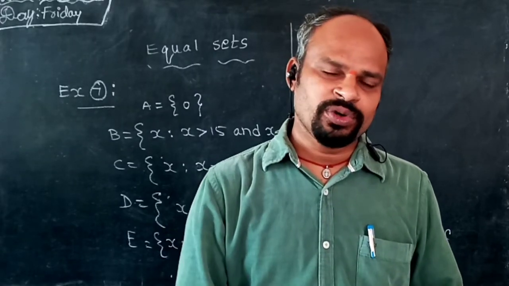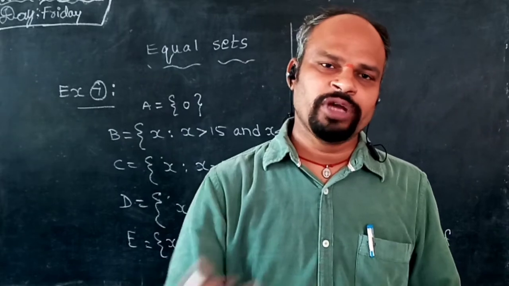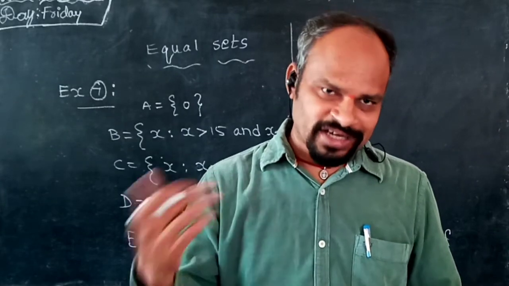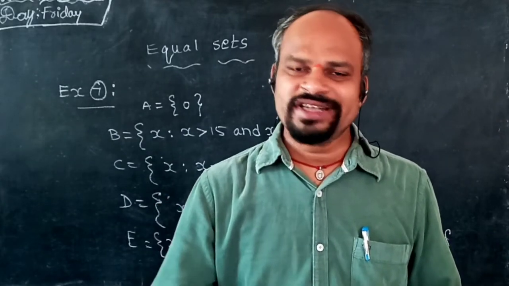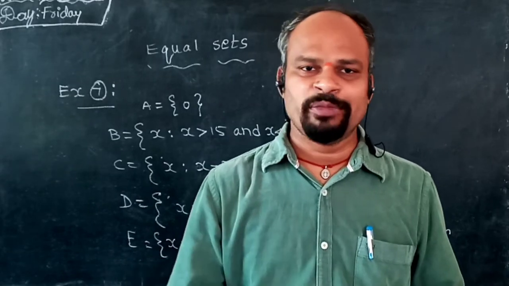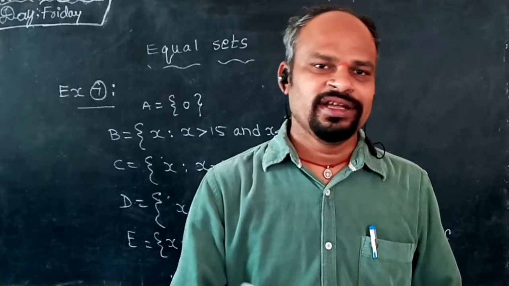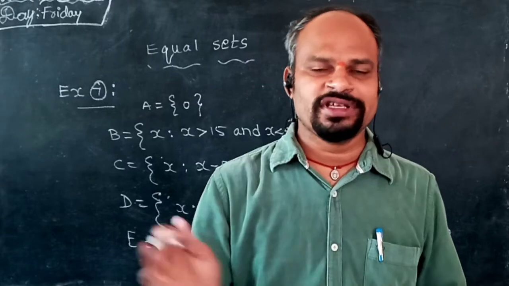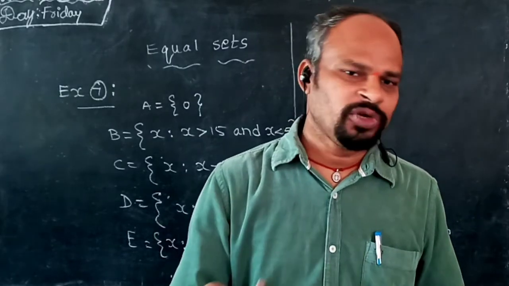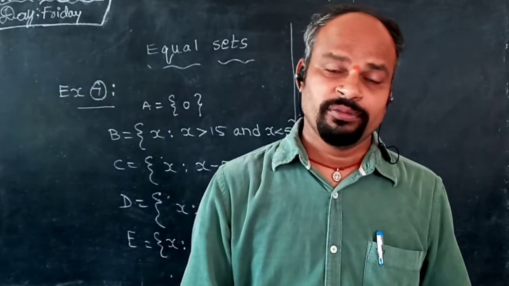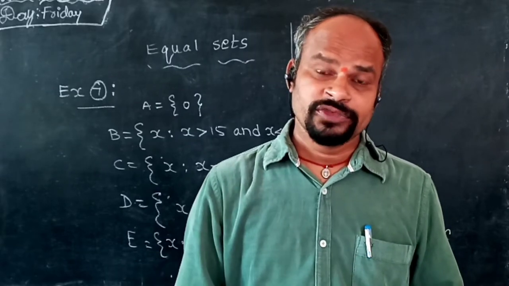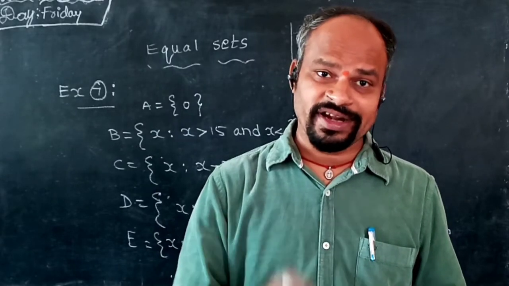Once you know the set builder form, when we want to write it in list form or roster form, it's very clear: whatever elements are present in the set will appear in the list. So roster form you will not have any doubt, but set builder form you have to get a clear idea.